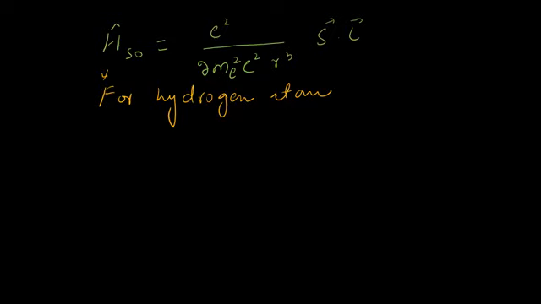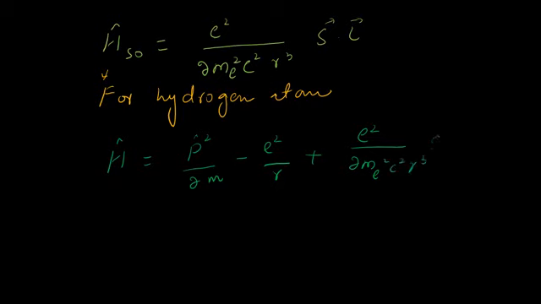To apply perturbation theory, first we need to write the total Hamiltonian for the hydrogen atom: H = p²/2m − e²/r + e²/(2 m² c² r³) S·L.